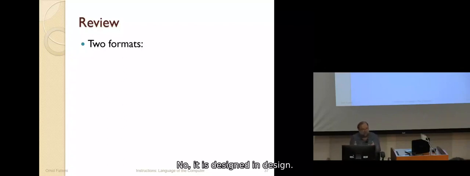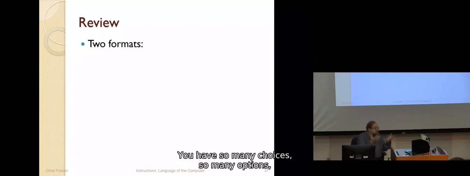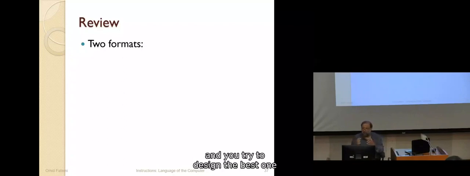No, it is design. In design, you have so many choices, so many options, and you try to design the best one according to the criteria you have, the constraints that you have, the resources that you have. That's the thing that we do in engineering.